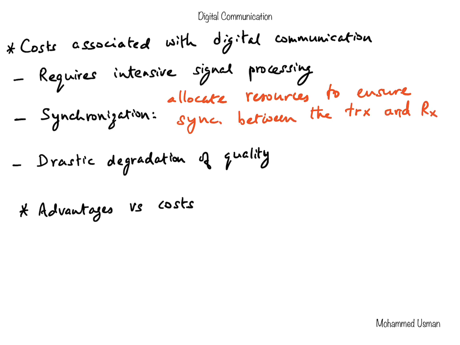Okay, so between the transmitter and receiver, we need to ensure that there is synchronization, otherwise it could cause some problems, and to achieve that, we need to allocate some resources. So there's a cost associated in achieving synchronization.